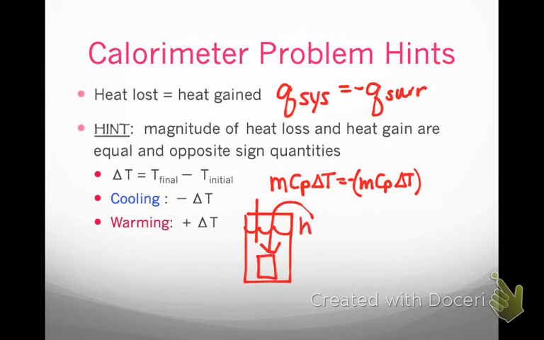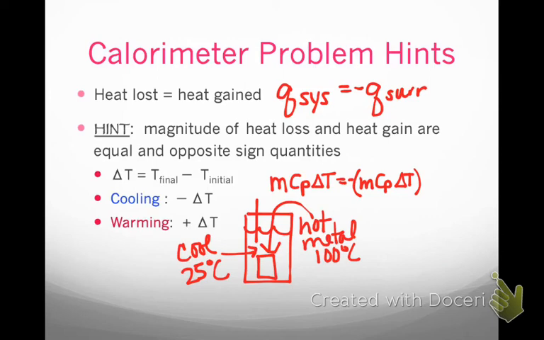So this is our hot metal at 100 degrees C. And then I have my cool water at, let's just say, 25 degrees C, room temperature. When I put that hot metal in the water, which is our surroundings, the hot metal is going to transfer heat to the water.